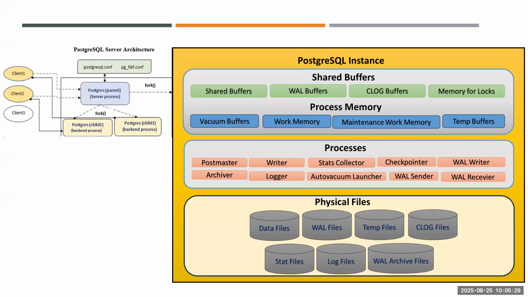So far, what we discussed is high level; we have not yet gone deep into each and everything. When you go and search in the blogs, you will find a lot of blogs and a lot of images explaining the Postgres architecture.